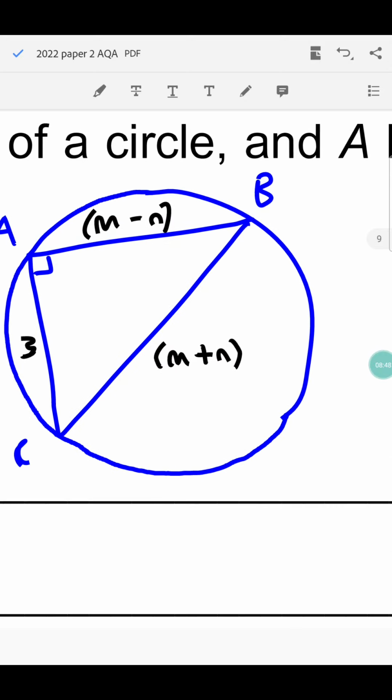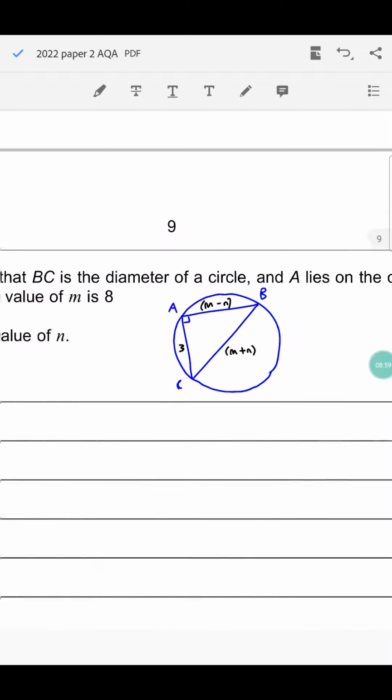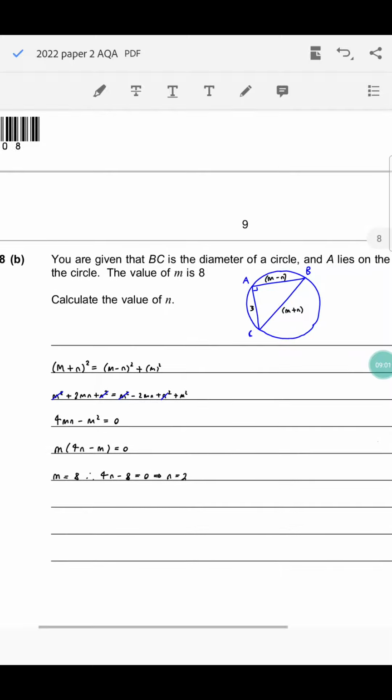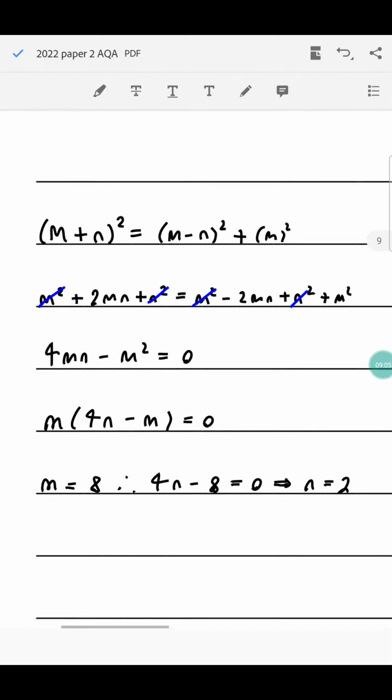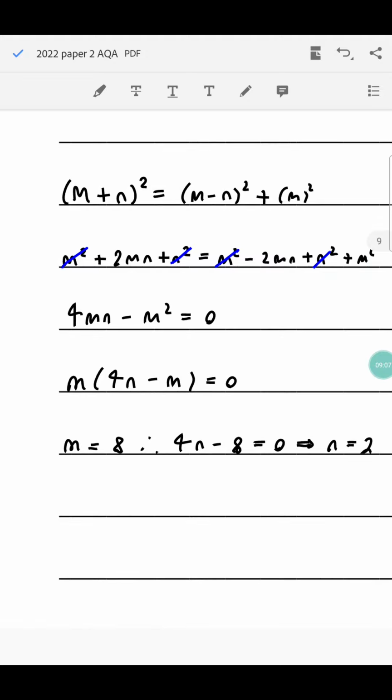From circle theorems, we know that a triangle in a semicircle creates a 90 degree angle. From here, we can use Pythagoras and show that m minus n all squared plus m squared is going to give you m plus n squared. If we plug in what m is, which is 8, I just did the long way, where you expand everything out and then solve for n.